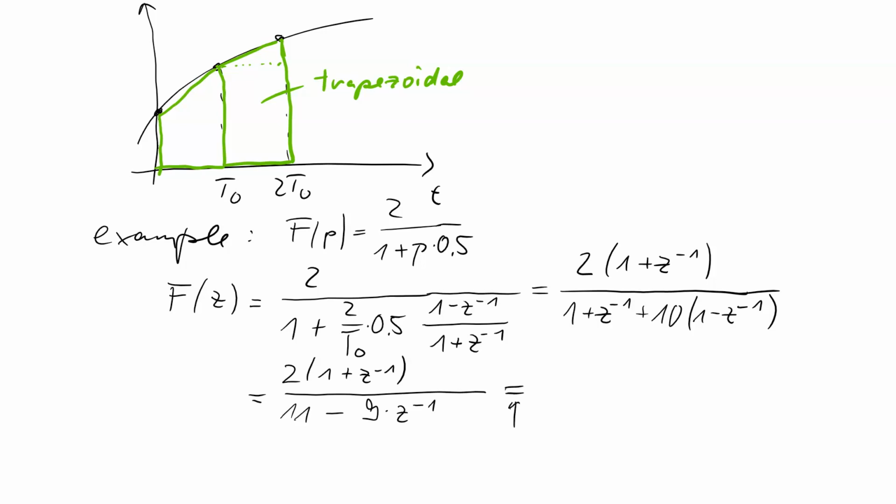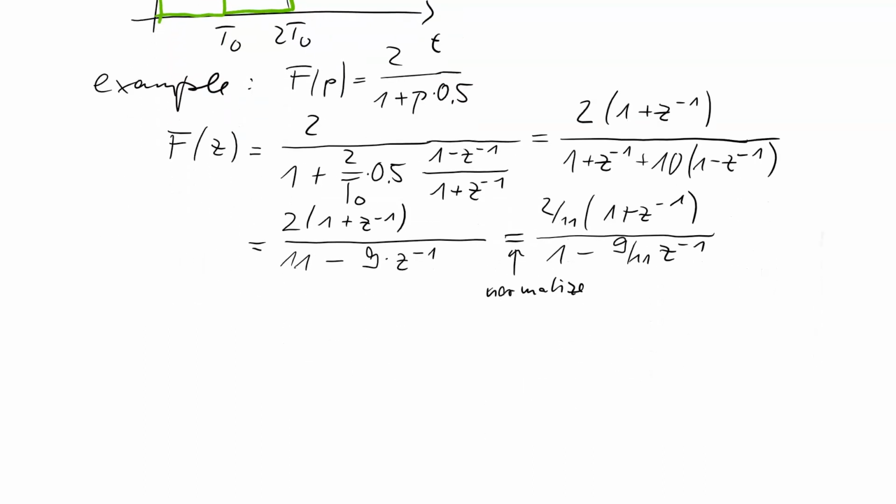So we have to normalize. This 11 must be a 1, so we have to divide by 11. Okay, so we have here 2 divided by 11, 1 plus z to the power of minus 1, and here 1 minus 9 divided by 11, z to the power of minus 1.